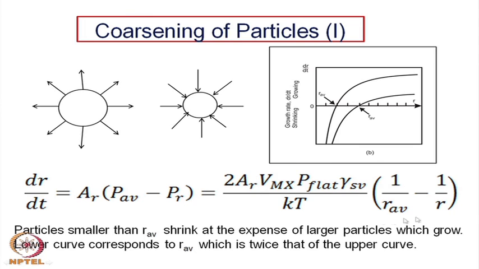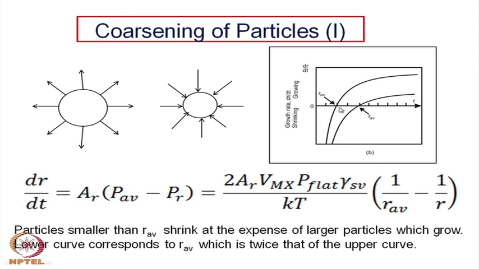The basic essence of this particular equation is that any particle having a radius more than this particular value has a positive dr/dt, that means it will grow.